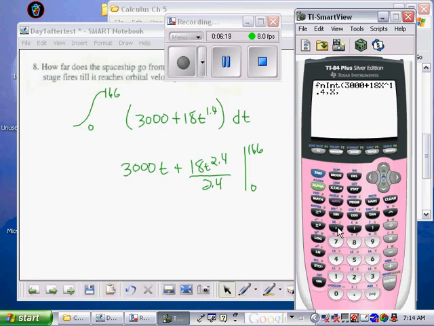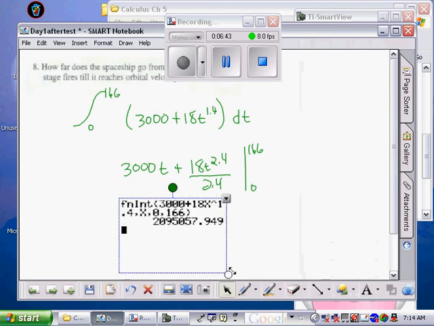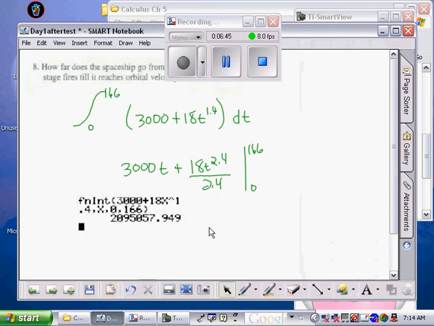X, 0, 1. It's thinking. Good grief. It's a big number, yes. Yeah, it does. But that's why it gives you the antiderivative.